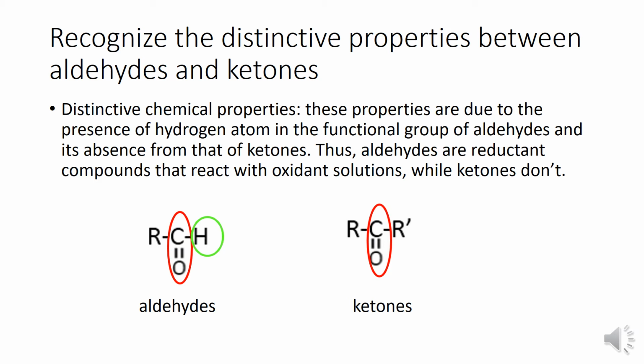Thus, aldehydes are reductant compounds that react with oxidant solutions while ketones don't. So in aldehydes, the carbonyl group is bonded to hydrogen, while in ketones the carbonyl group is not bonded to hydrogen. So aldehydes are reductant compounds, while ketones are not reductant compounds.